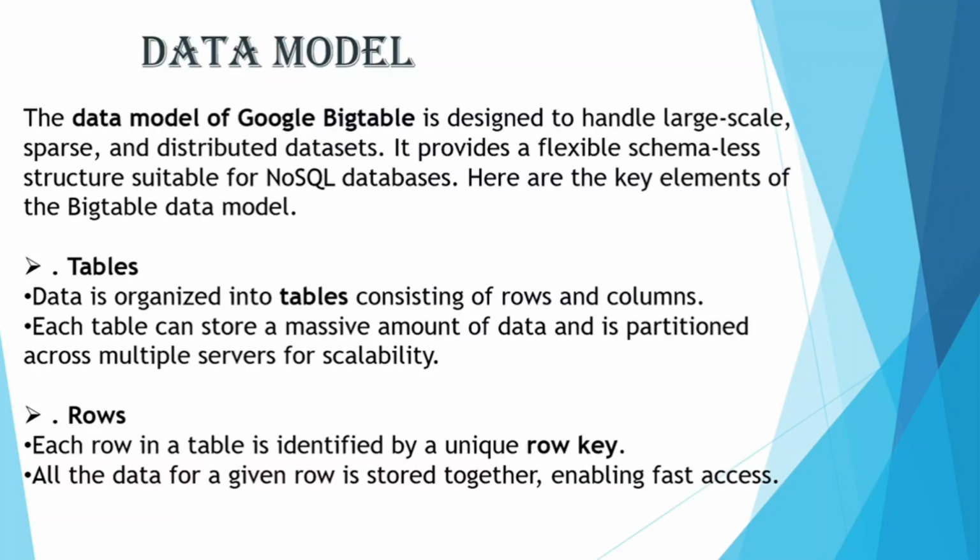Data is organized into tables consisting of rows and columns. Each table can store a massive amount of data and is partitioned across multiple servers for scalability. Rows. Each row in a table is identified by a unique row key. All the data for a given row is stored together, enabling fast access.